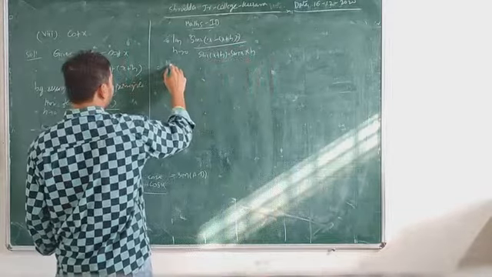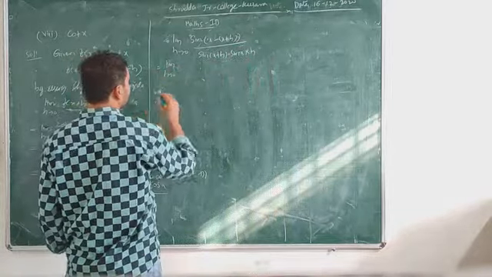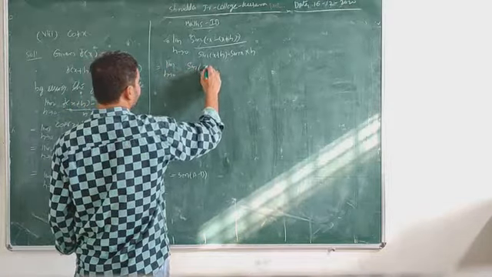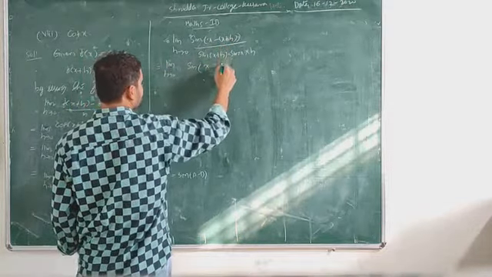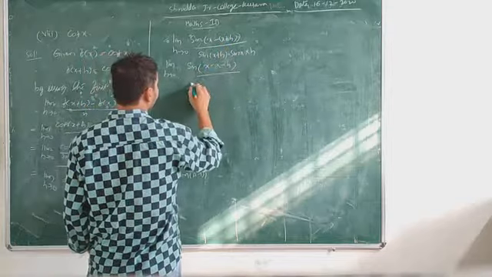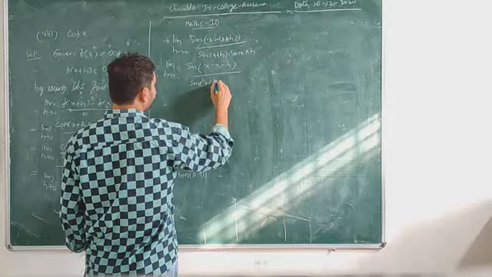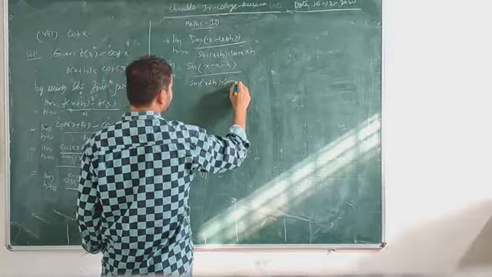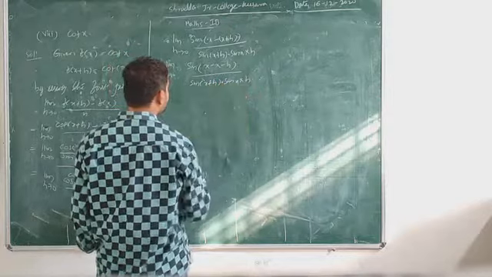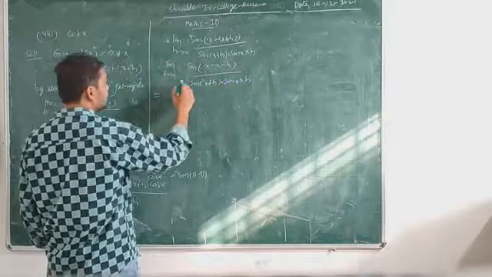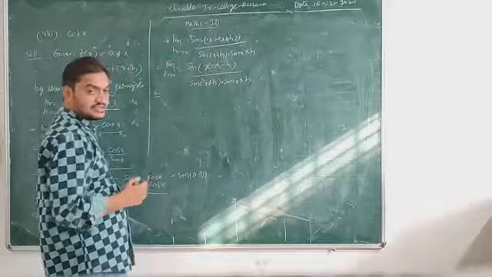Now here limit h tends to 0, sin of x minus x minus h by sin of x plus h into sin x into h. Here see, this x minus x gets cancelled.